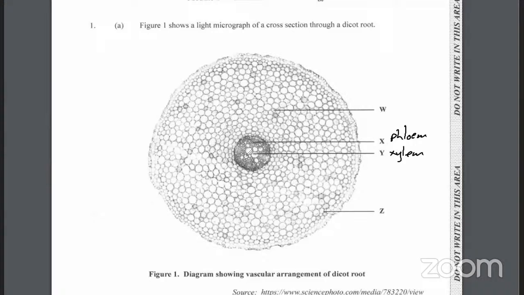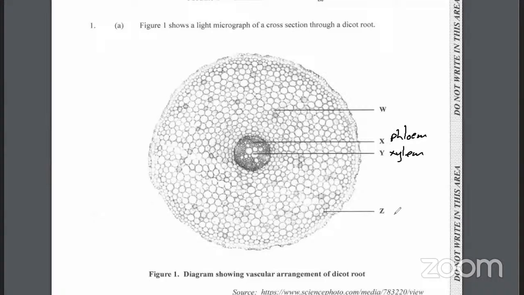If they give the root this year, probably in terms of a plan join, you can look back at the transverse section of a stem or even the bacteria. More than likely, you should get a plan join. So you can look back at the root, the stem, bacteria, sperm cell, just look back at some plan joins.